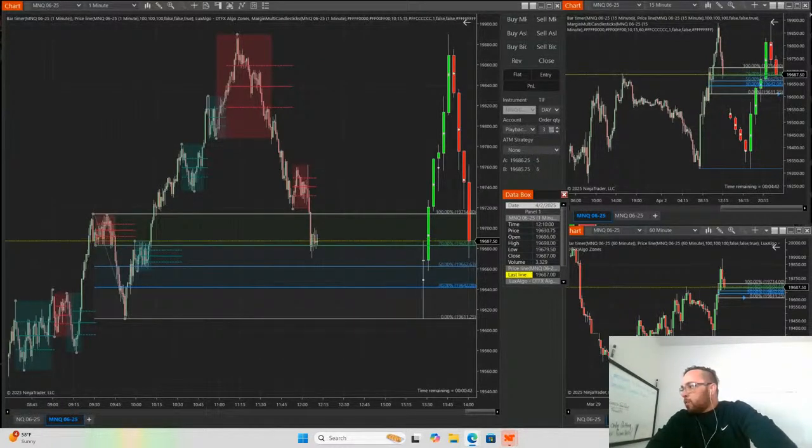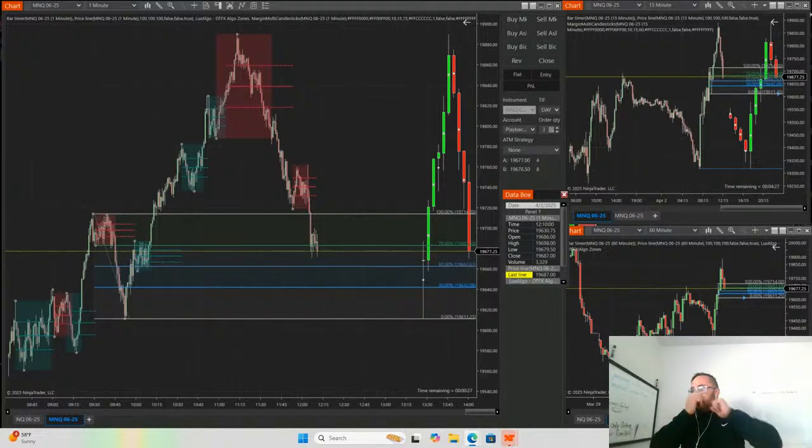So just type in my rules. To trade is with bias, in a zone, with a sweep. That's our thing.